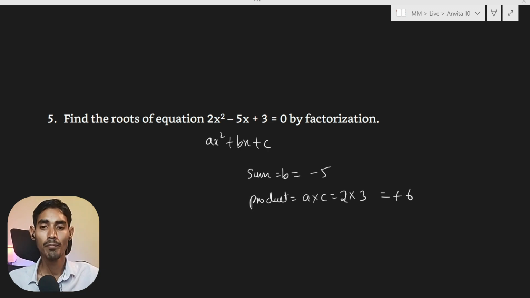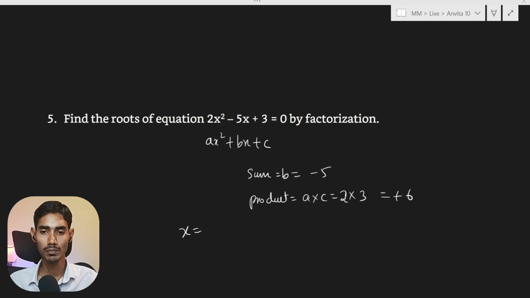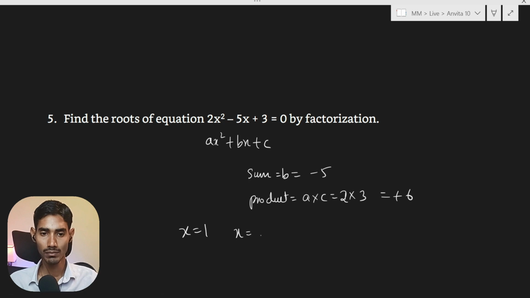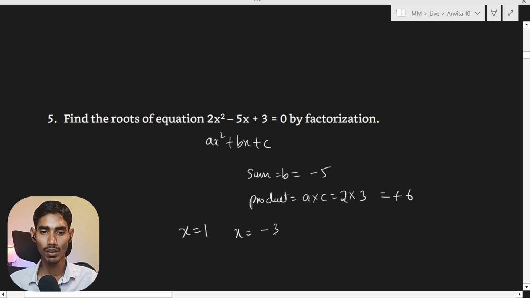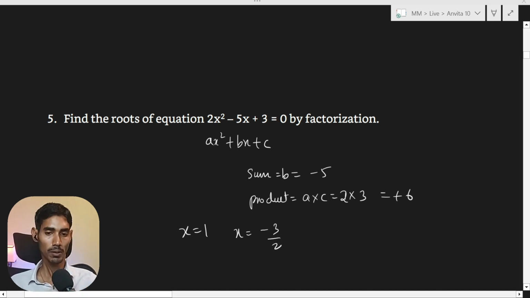No, just tell me. I will write it down. x minus 1 is the first factor, and the second factor is 2x plus 3. So our zeros are 1 and minus 3 by 2.